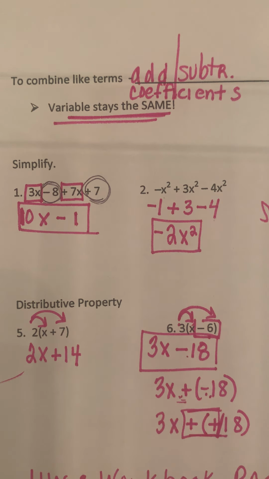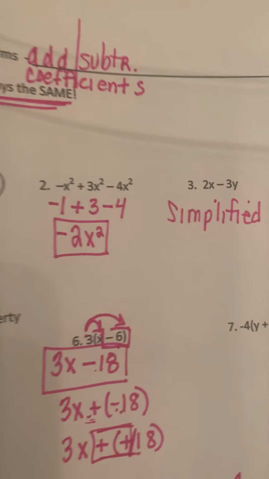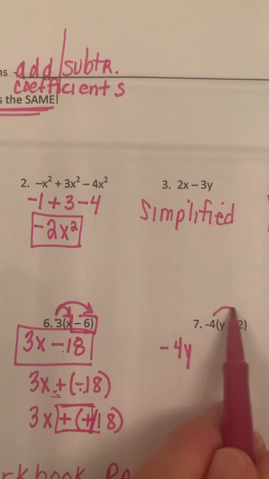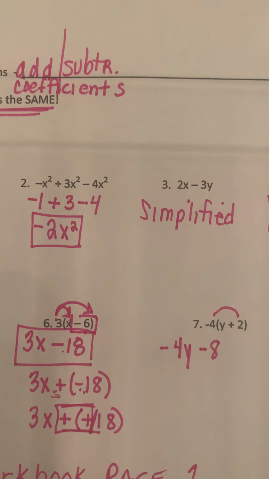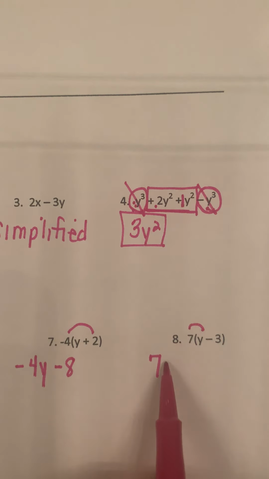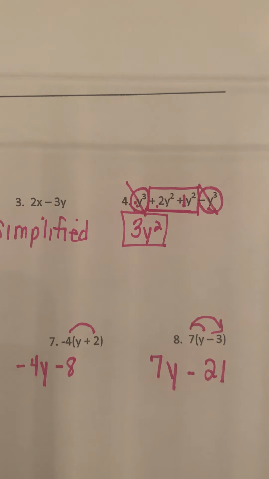It's just minus, okay? And then here you have negative 4y and then negative 8 or minus 8. The very last one, 7 times y, 7 times negative 3 is negative 21.